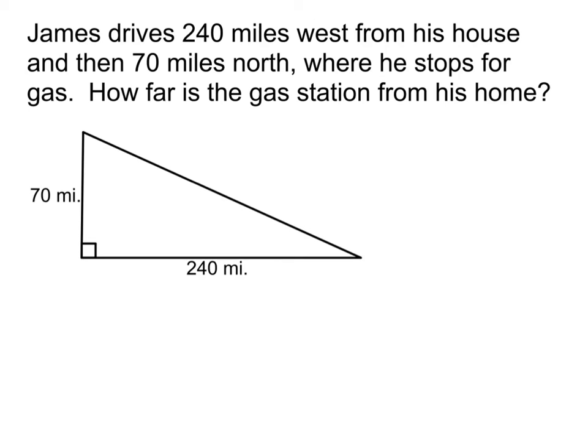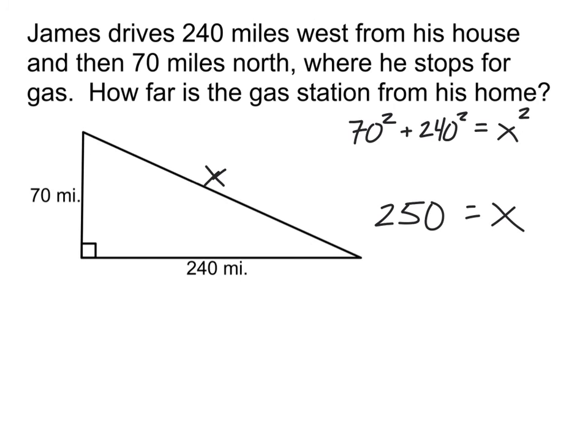And we're trying to solve for that distance right there. And so this is our setup. When we then solve this through, final answer, you should get an answer of x equals 250.